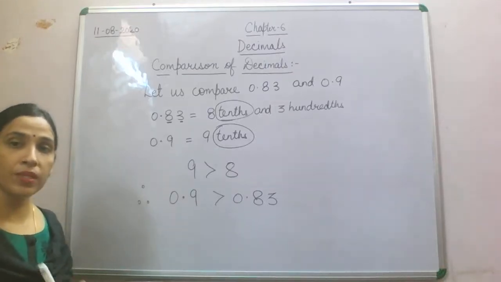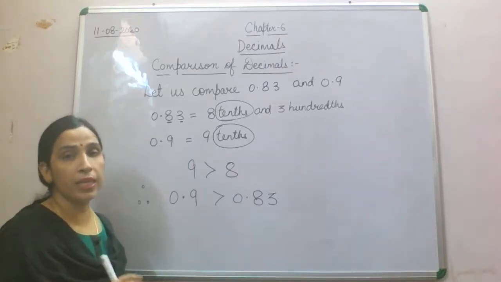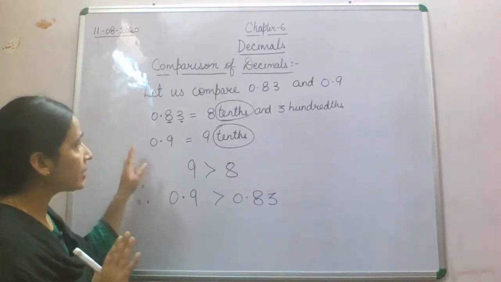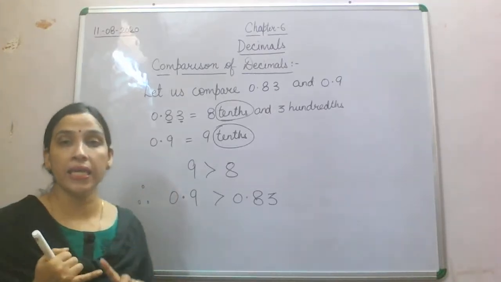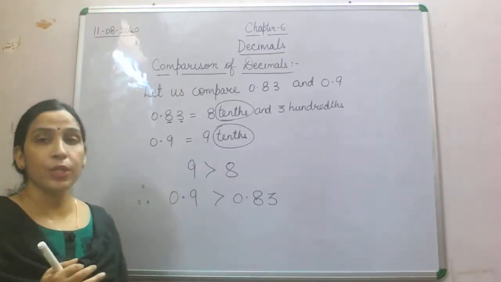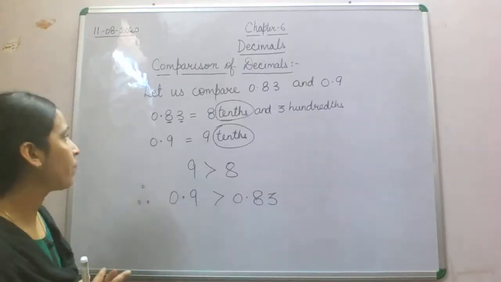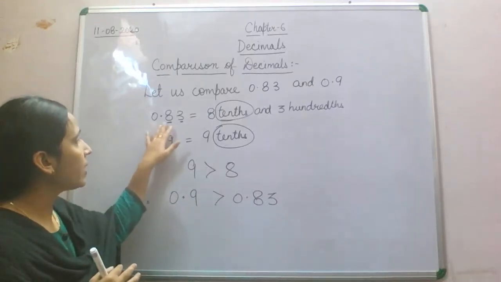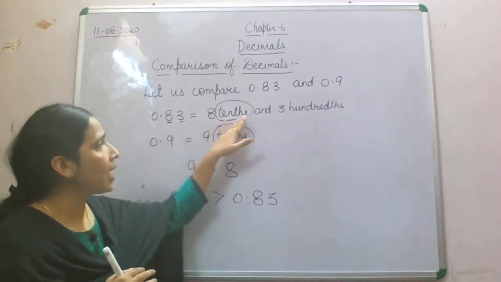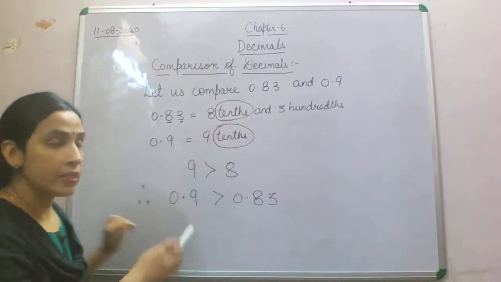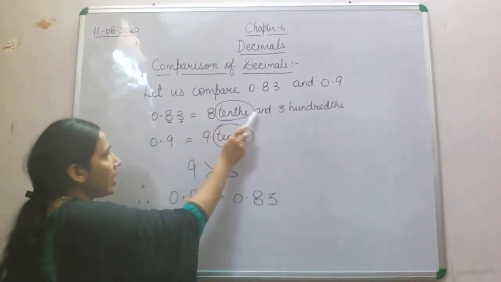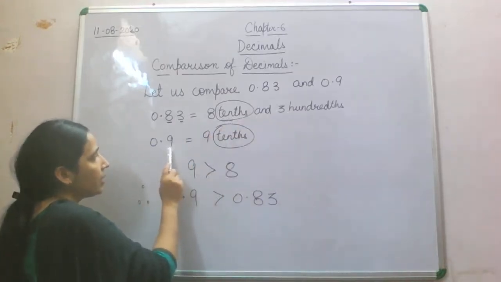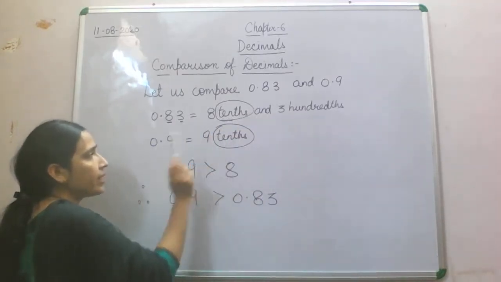So it means 0.9 will be greater than 0.83. So let's see this question once again. Let us compare 0.83 and 0.9. Now here you can see that we have 8 tenths and 3 hundredths, and in the next number we have 9 tenths.